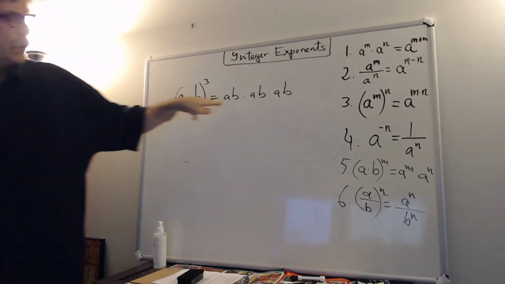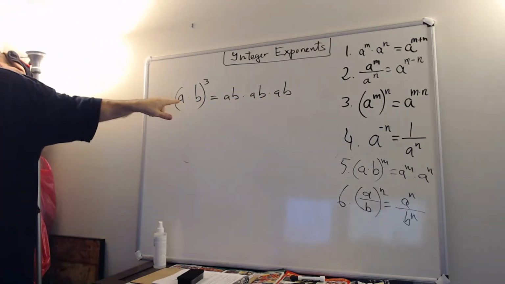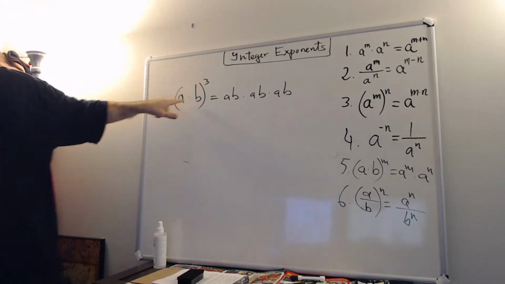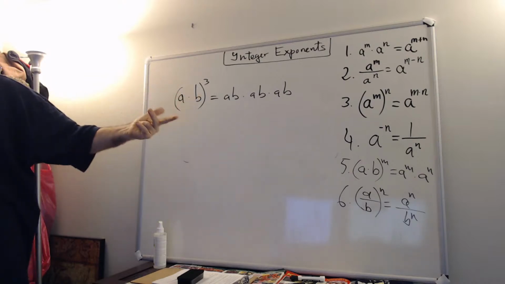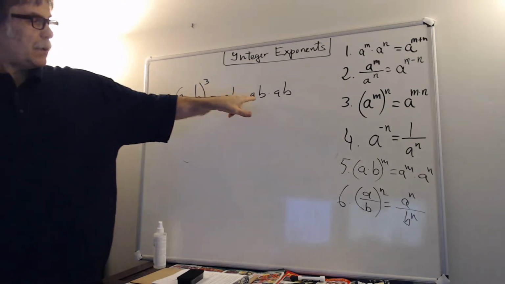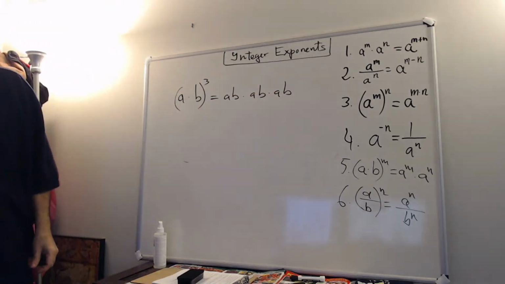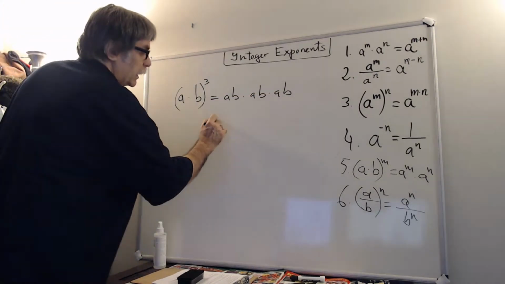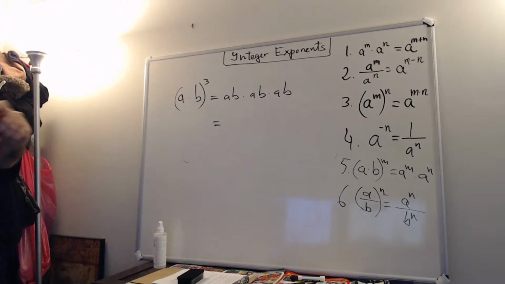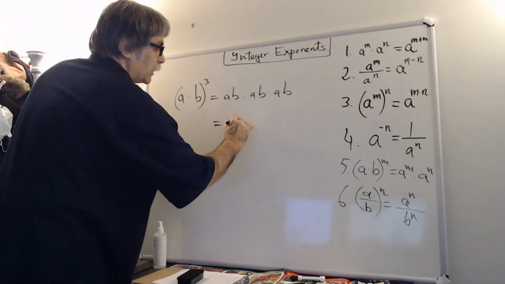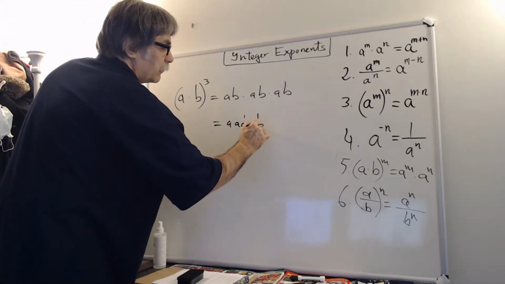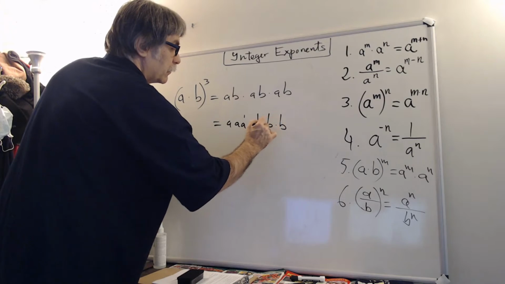So you write the base 3 times. This is the base, because this is a cube of this number, and this number is a product AB. So you have AB, AB, AB. Now we know that we can commute and associate, reassociate and commute. So we can put the A's forward. How many do we have? 3 of them. We can put the B's after that.